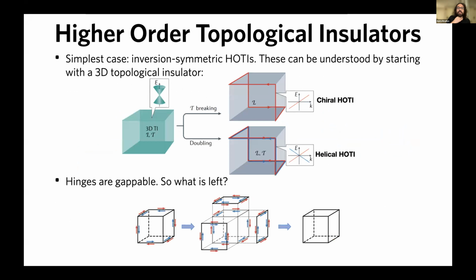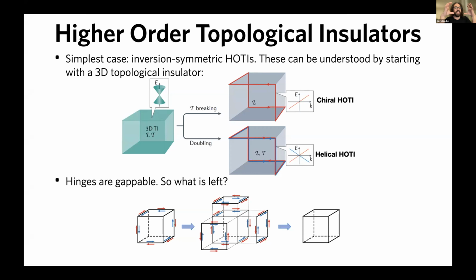So I'll focus on the simplest case, which is inversion symmetric higher order topological insulators, or HOTIs. And there's two different kinds of these. Both we can think of as starting from a 3D TI and either breaking time reversal symmetry while preserving inversion. This gives us a chiral phase with a chiral hinge mode in inversion symmetric geometries.